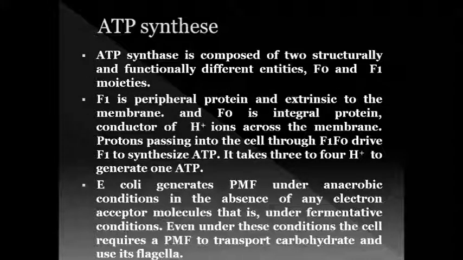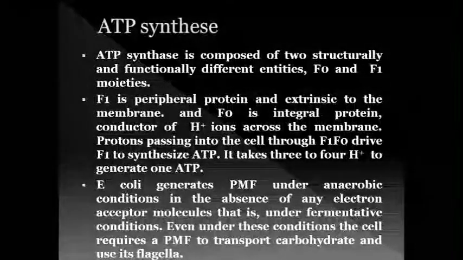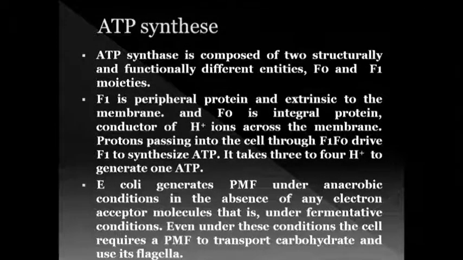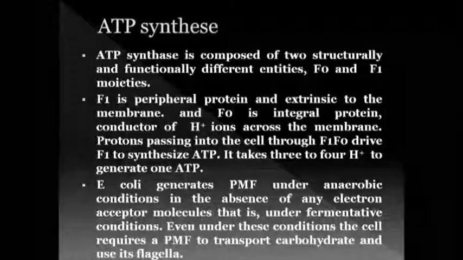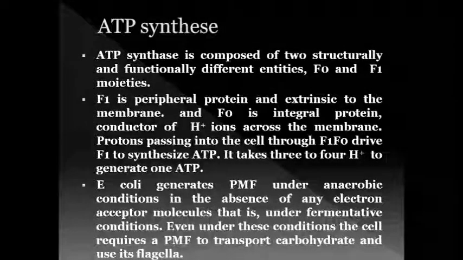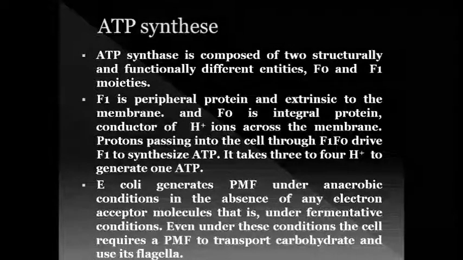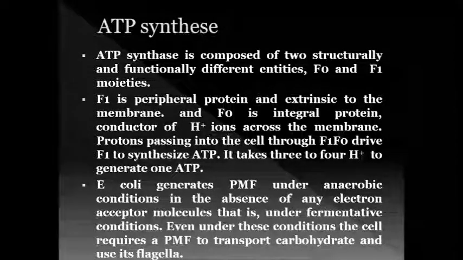As the cells require energy to transport carbohydrate and use flagella for movement of the cell, there is no anaerobic growth of the bacteria found when there is loss of F1 F0 ATPase. The F1 moiety is made up of 5 subunits: alpha, beta, gamma, epsilon and delta.